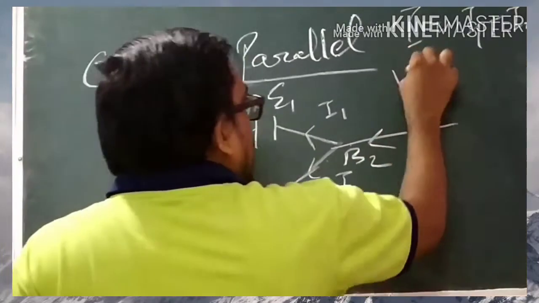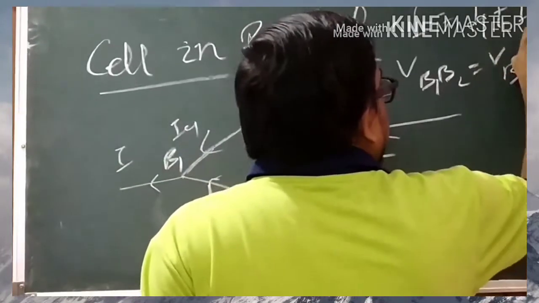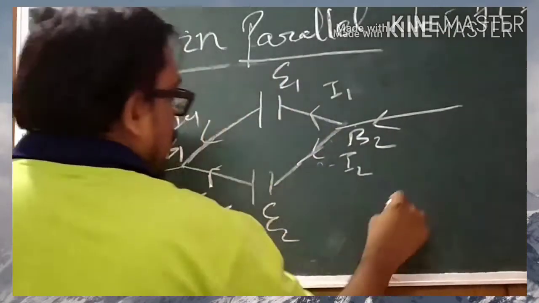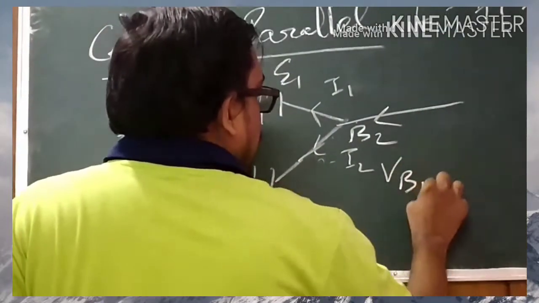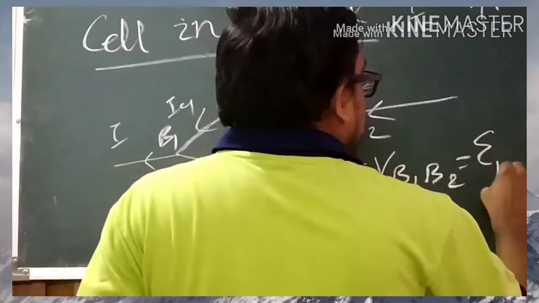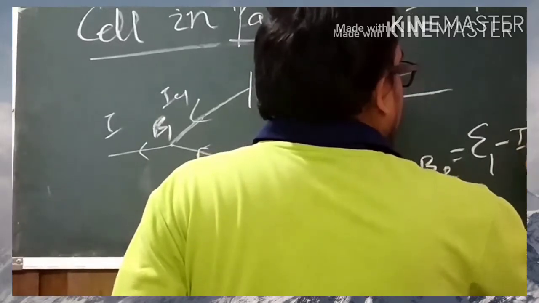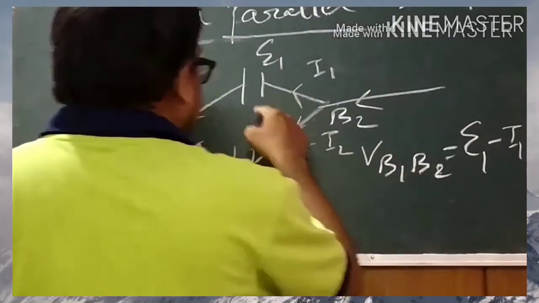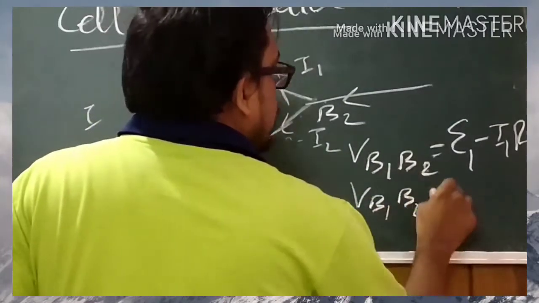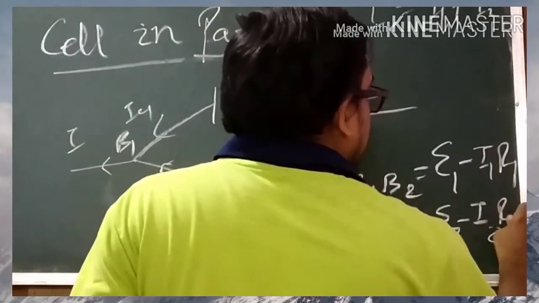Now V1 minus V2 will be equal to, across cell 1, E1 minus I1 R1. Similarly, across cell 2, this is E2 minus I2 R2.